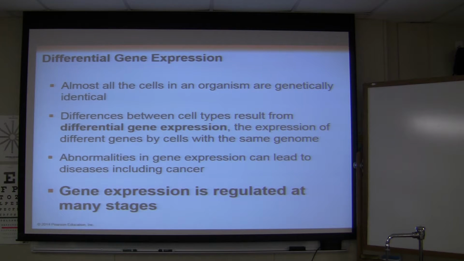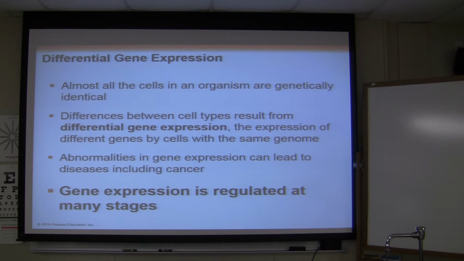Am I making some sense? Your liver cells make a protein molecule called albumin. Your eye cells make a protein molecule called crystallin, so you can see better. If your eye cells were making albumin, you would not be able to see anything.